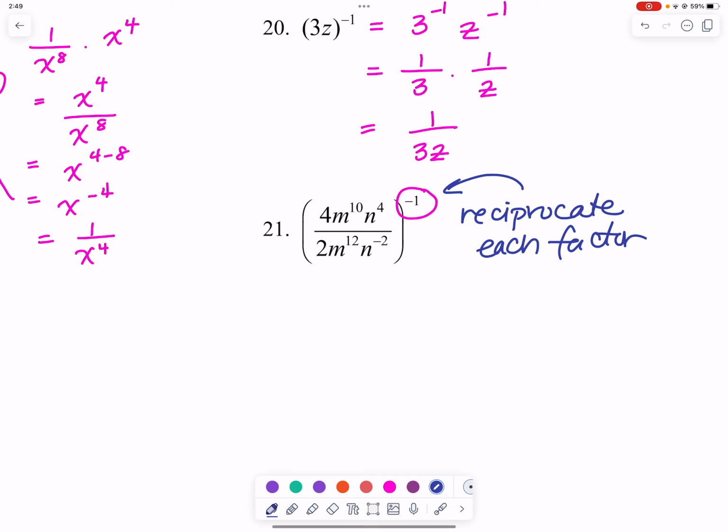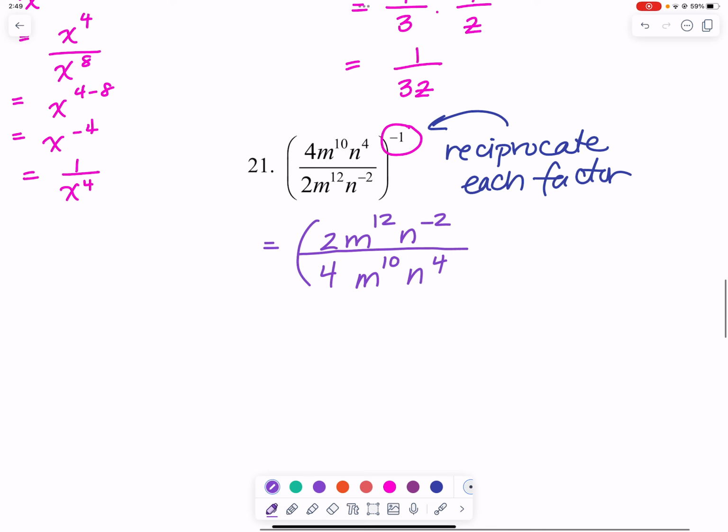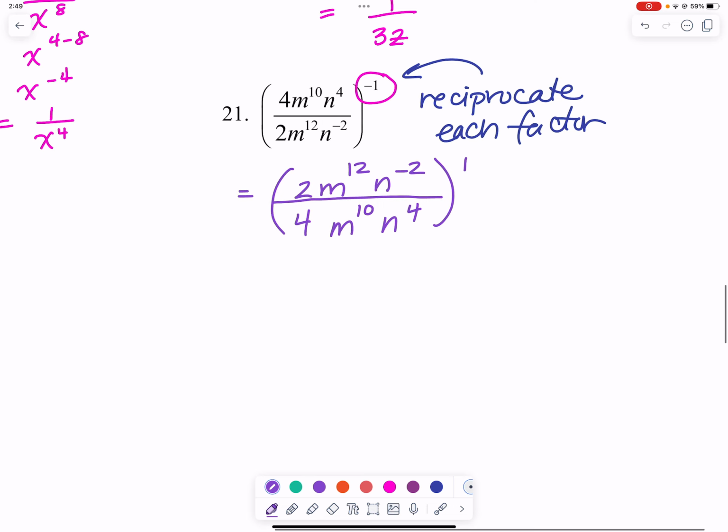So we would have 2m to the 12th n to the negative 2 over 4m to the 10th n to the 4th. You could just do that, or you could have distributed. Either way. So now all of this is to the first power.